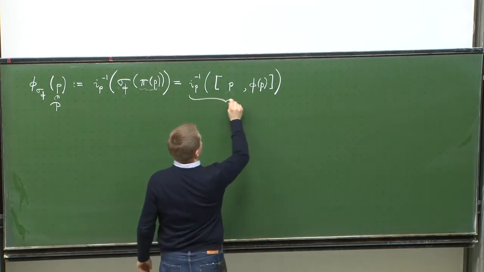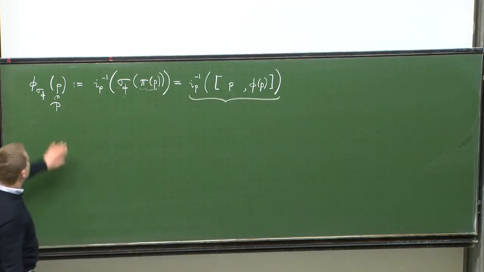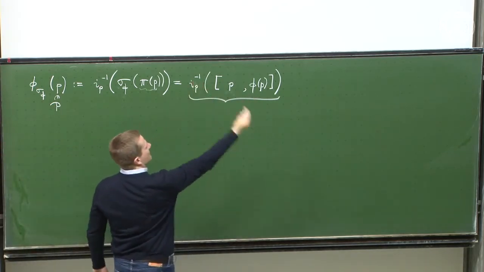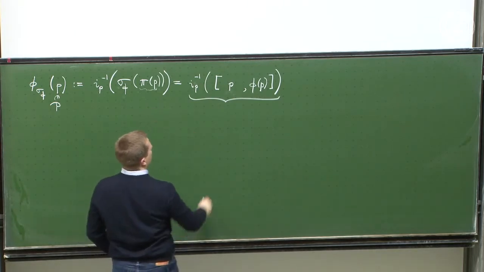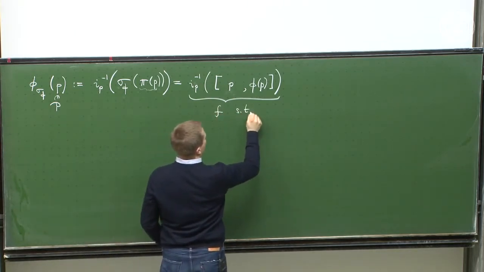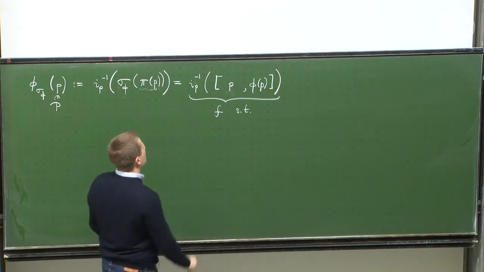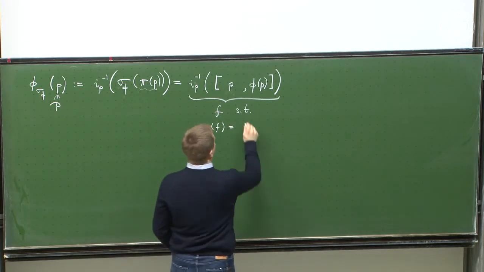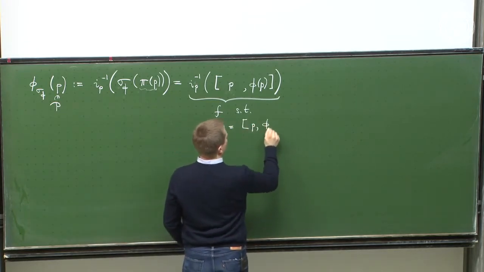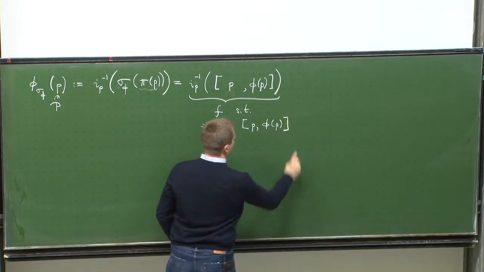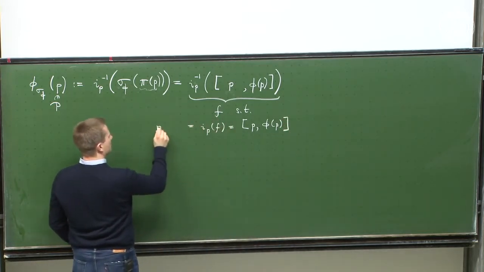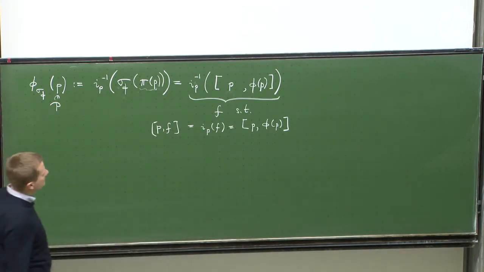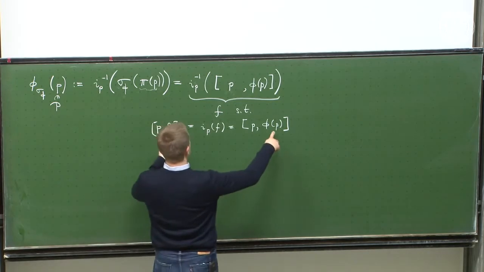Now this entire thing, of course, lies in the fiber F, because this phi is supposed to be F-valued, but also this IP inverse lands back in the capital F. So this is an F such that IP of F is this, P phi of P. Again, the same trick, but the IP of F is the P F. So if this is the case, then the F is this.